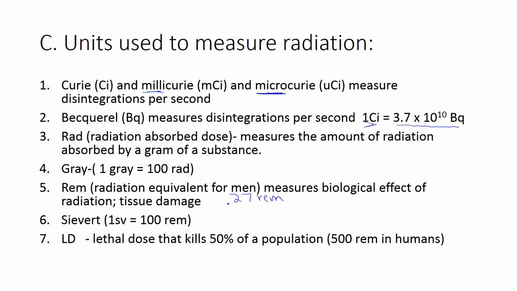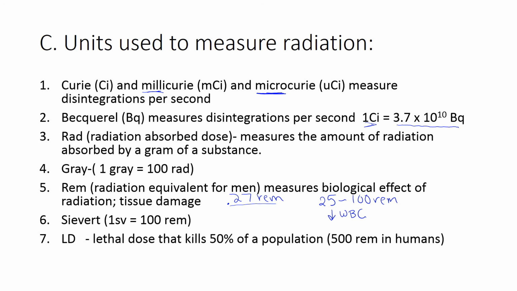So let's go back to this number. We talked about 0.27 rem being the average yearly dose of radiation that a human has. If we were to up that to anywhere between 25 to 100 rem, you would experience a decrease in your white blood cells, which you know are used in fighting infections. So when you start to get into those higher levels of radiation, your body is no longer able to function in an immunological way.